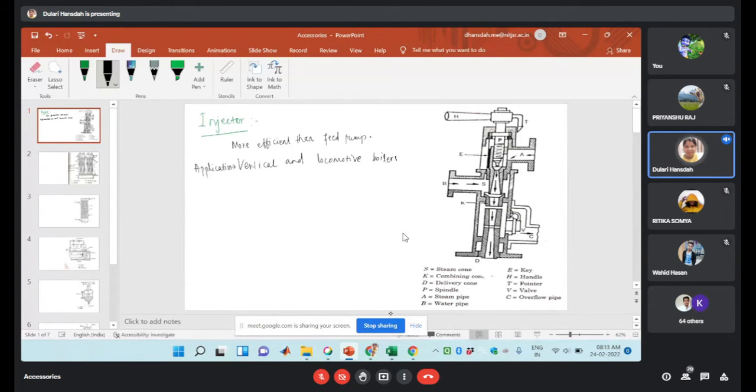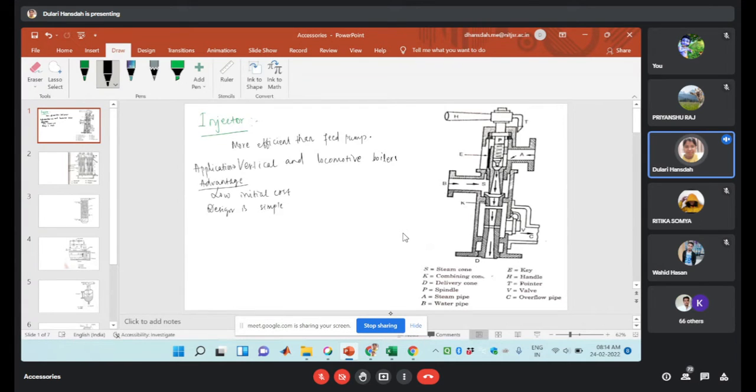Another advantage of this injector is that it has a low initial cost as compared to the reciprocating or feed pump. The design is simple as compared to the double acting feed pump.